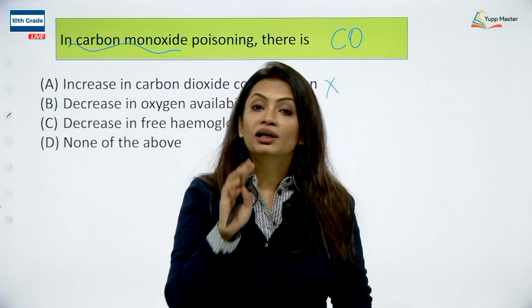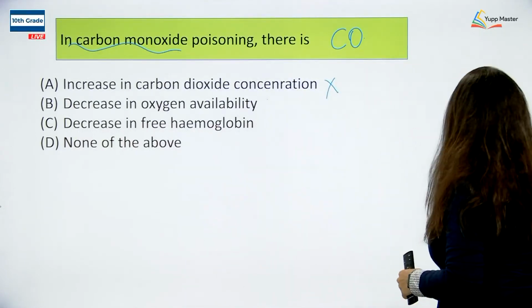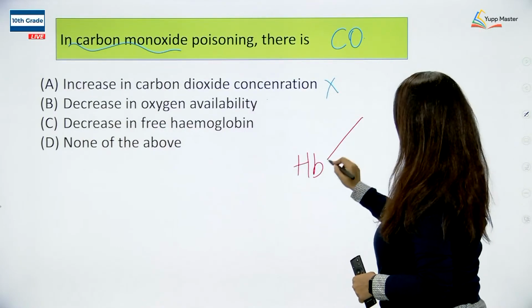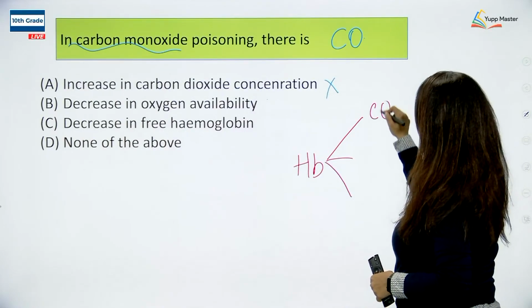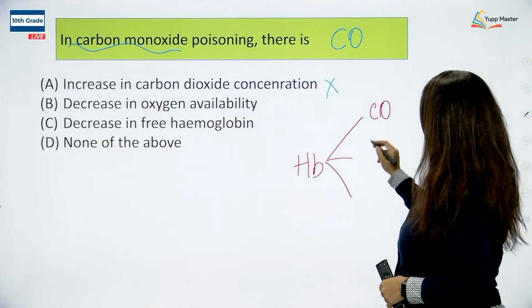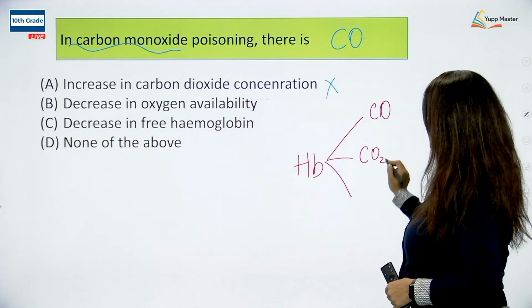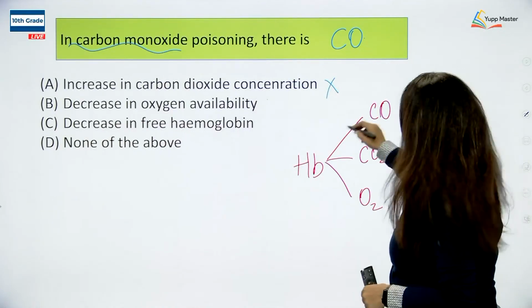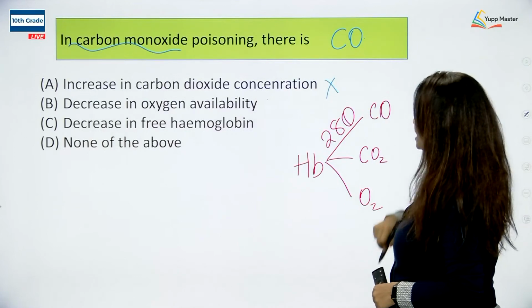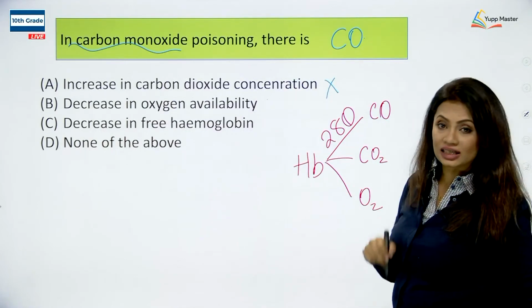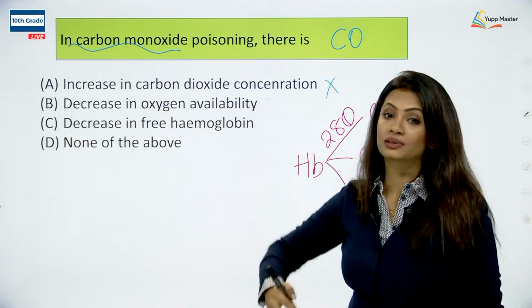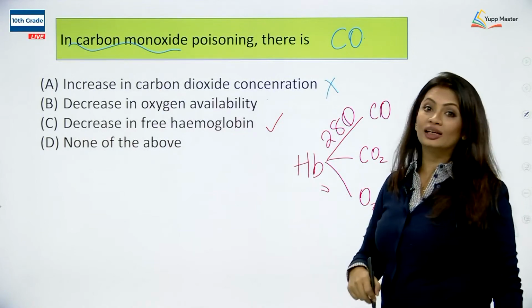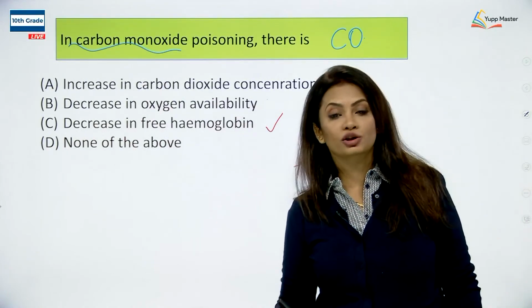Why is that? Because hemoglobin has a much higher affinity for carbon monoxide as compared to oxygen, and how many times higher? 280 times higher. So hemoglobin has an affinity which is 280 times that of its affinity towards oxygen. So there would be no free hemoglobin for the oxygen to reach.